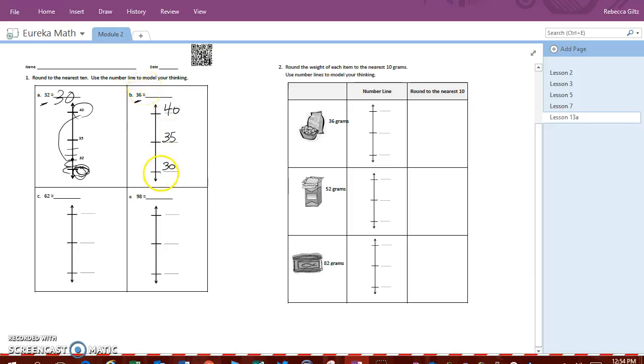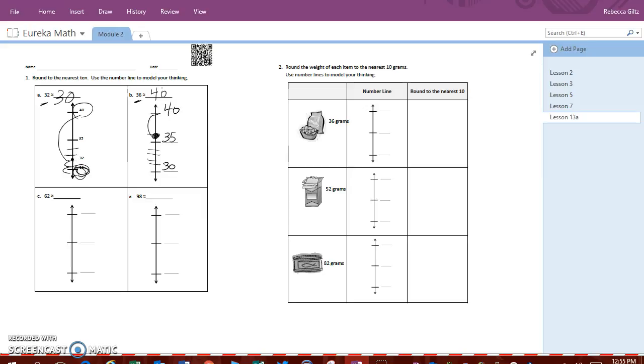Well, this is going to be 31, 32, 33, and 34. Here's 35. 36 would be right above the 35. So I'm going to put a dot, plot a point there. And now I ask myself, is it closer to 30 at the bottom or 40 at the top? It's closer to 40. So we say 36 is about 40. 36 rounded to the nearest 10 is 40.